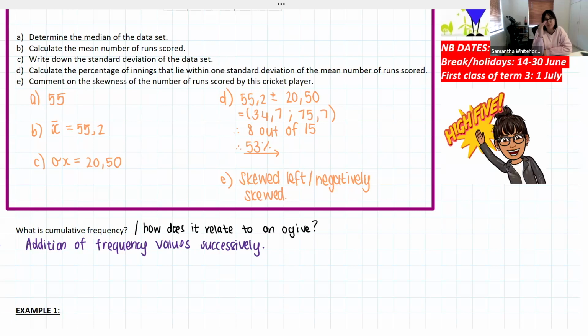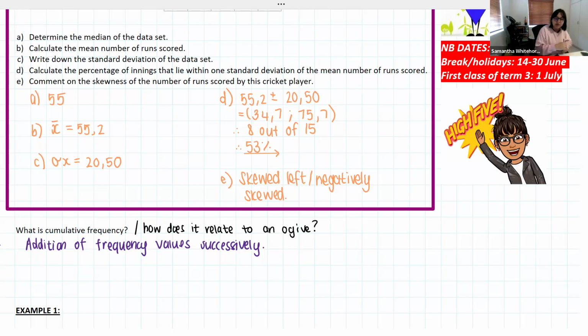But basically, as you have frequencies for different intervals, as you start to add up interval 1 plus 2, interval 1 plus 2 plus 3 plus 4 plus 5, what you're getting is your cumulative frequency. And basically what it allows us to do is it allows us to then determine how many people, how many things in values are within a certain range or below a certain value or whatever the case is. And you'll see in an example what I mean by that now.